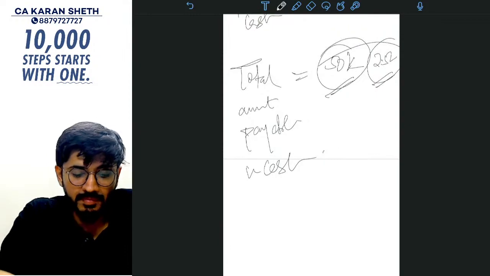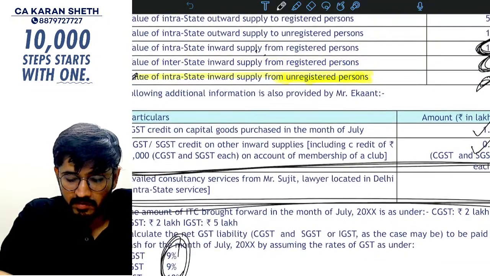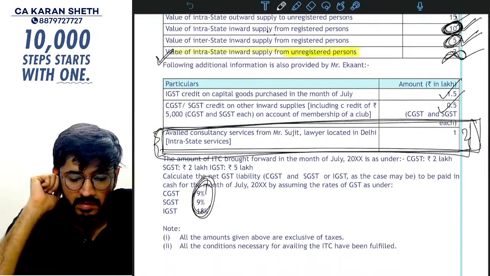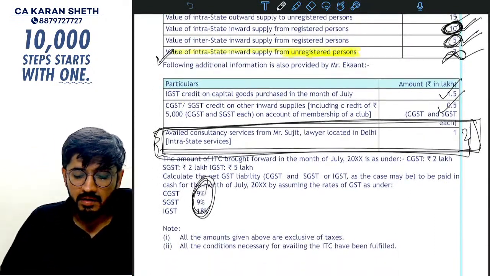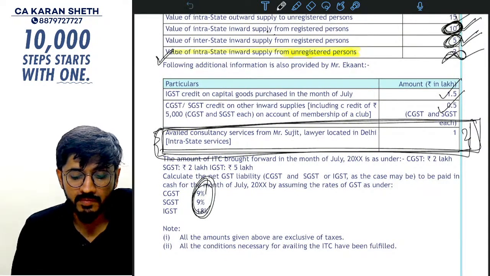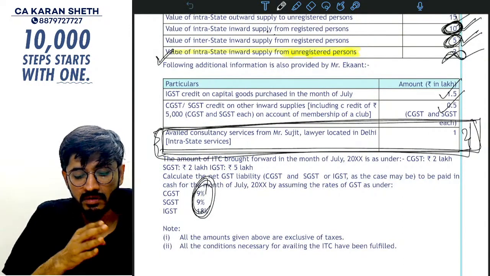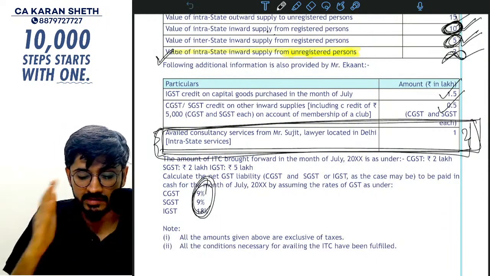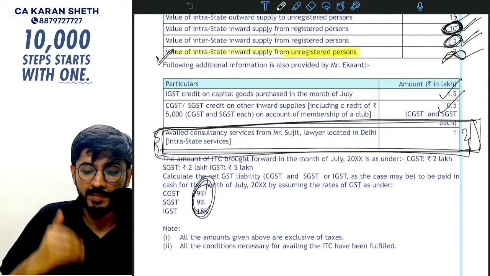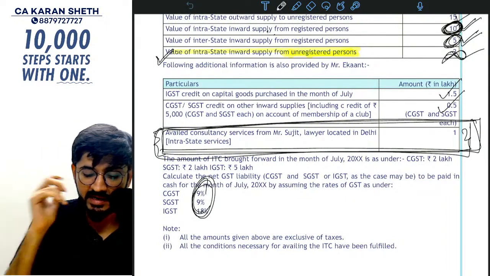The notes that you will write here are very simple. First, that ITC with respect to input service of membership club will be blocked. Second, you talk about the legal service where taxes are payable as per RCM and how you will pay input tax liability first and then avail ITC for the same.